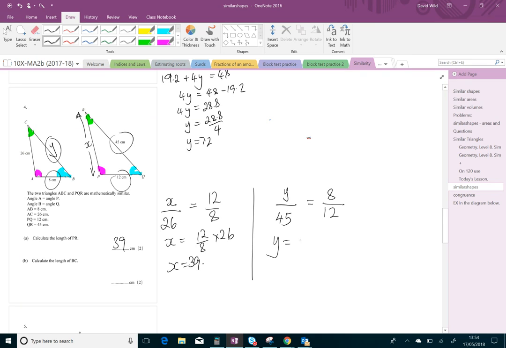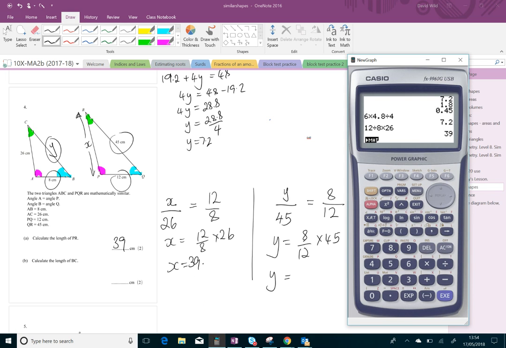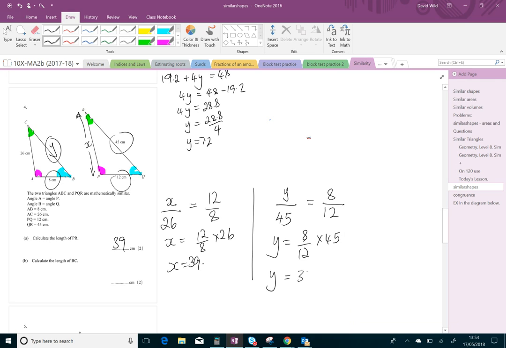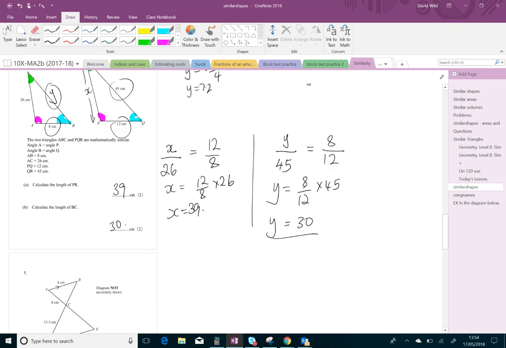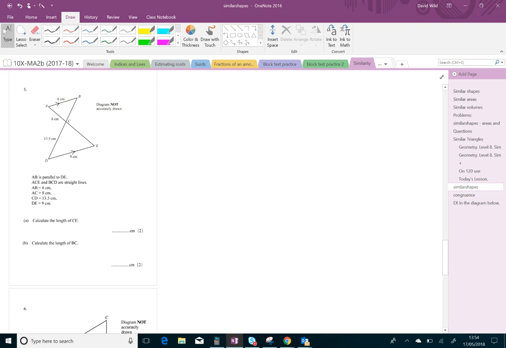Multiply both sides by 45. So we've got 8 over 12 times 45. We get 30. So notice we're doing these ratios, small over big.